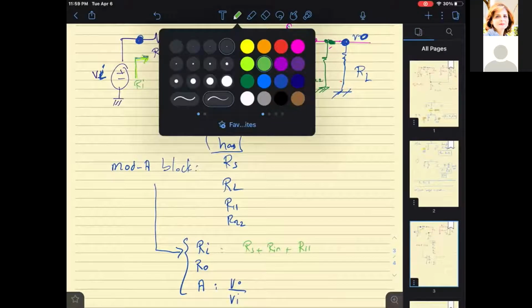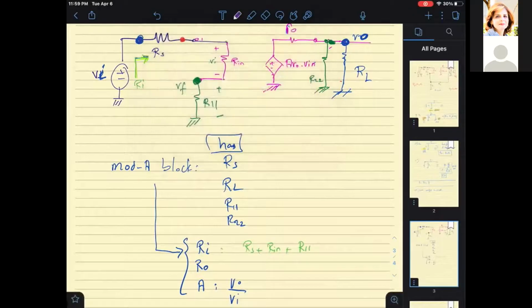Now for Ro of the modified A block, this is very important because RL is part of it. I'm going to look from here, including RL, and I'm going to set Vs, or Vi, to 0. If I set Vi to 0, this means the voltage across Rn will be 0.